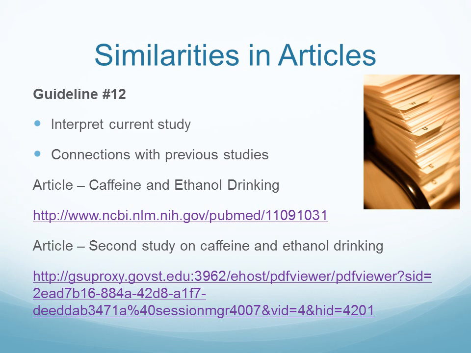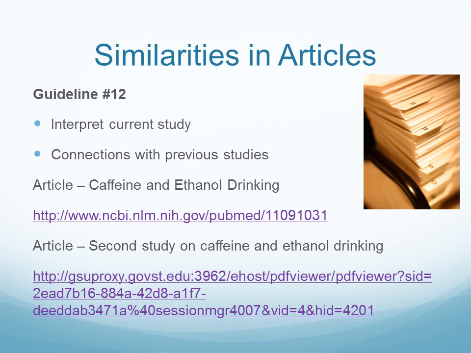Then as we go on, there are similarities in articles that you will come across. Generally, when you're looking for articles on a certain subject, there have been studies done previously and then new studies that have been conducted.